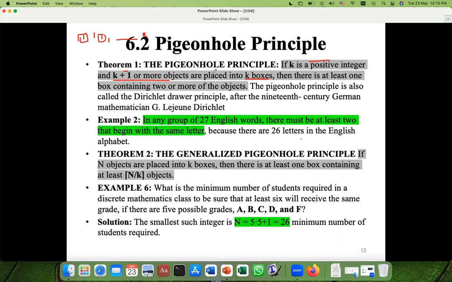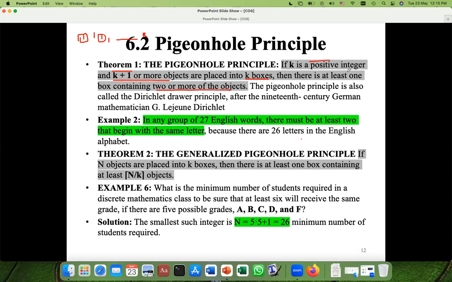Then there is at least one box in which you will have 2 or more objects. Okay, no issue. This is a simple statement, and this is the statement of this theorem.